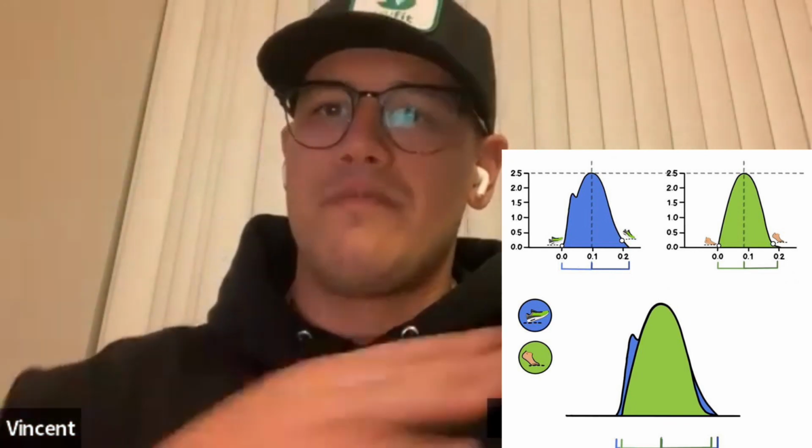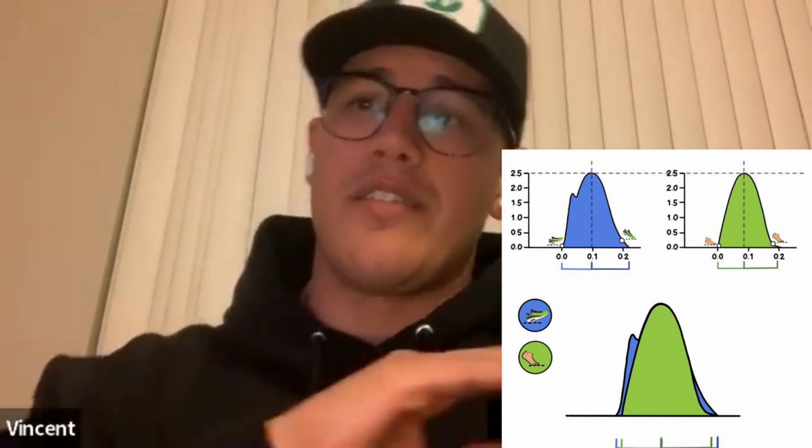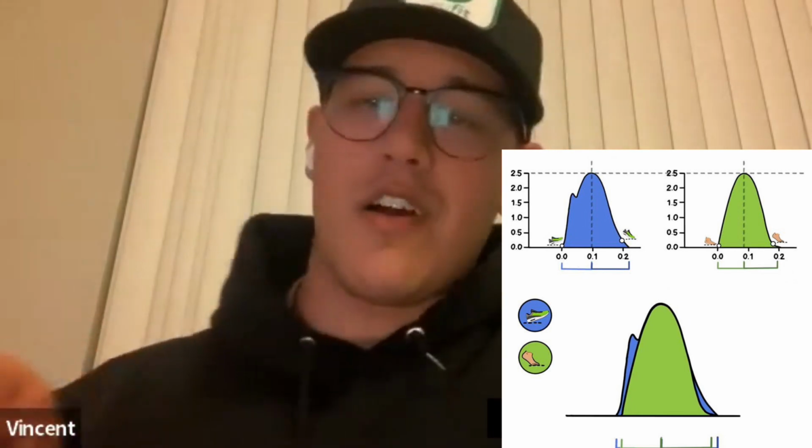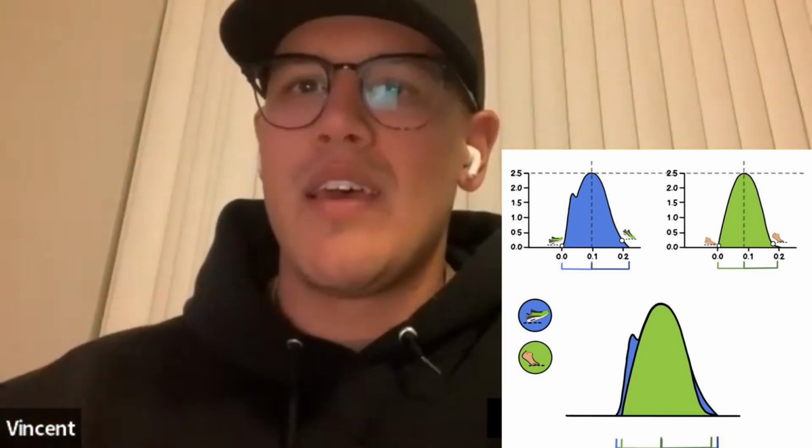So a shoe runner will have basically two big points as they strike the ground, and a non-shoe runner will roll across, to put it simply.